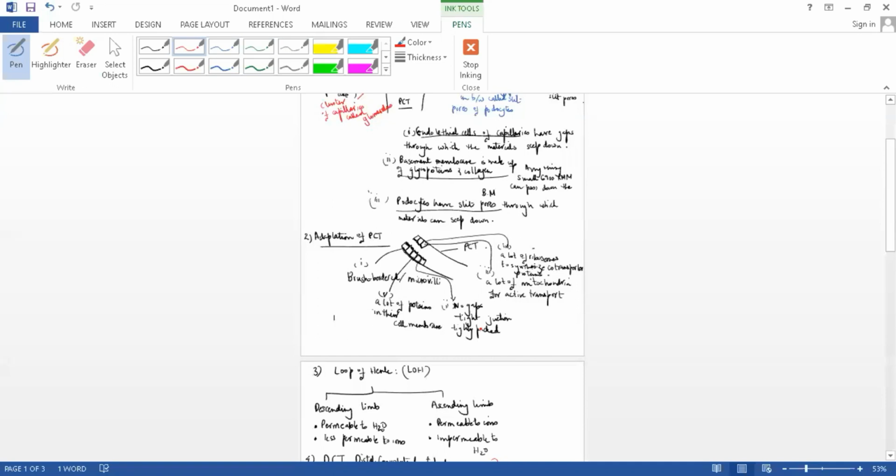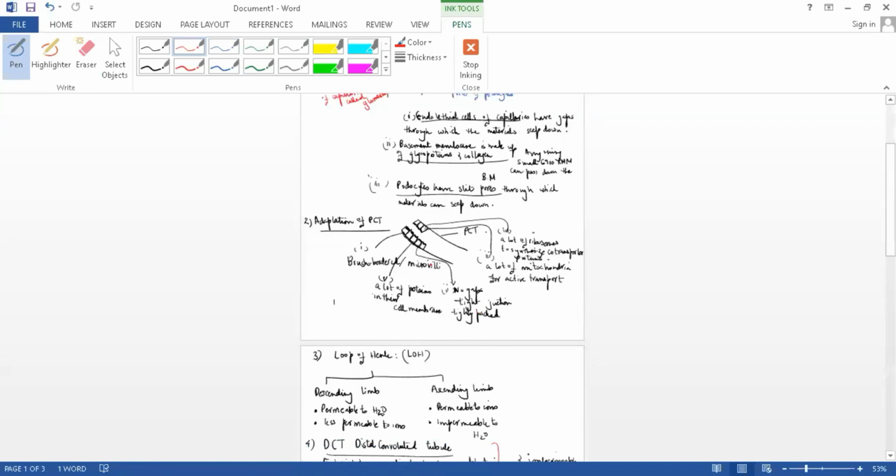Water moves out of the proximal convoluted tubule back to the blood by osmosis. That's why these cells have a lot of mitochondria for ATP production and a lot of ribosomes for producing cell membrane proteins. They do not have gaps or tight junctions, so everything has to cross the cell and then go to the interstitial fluid surrounding the proximal convoluted tubule.